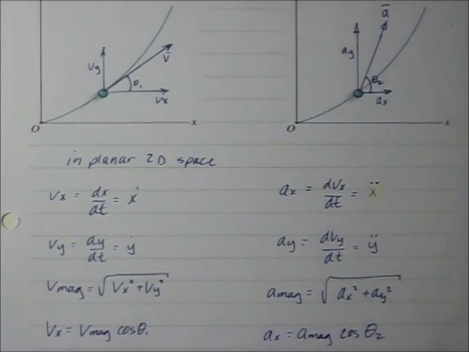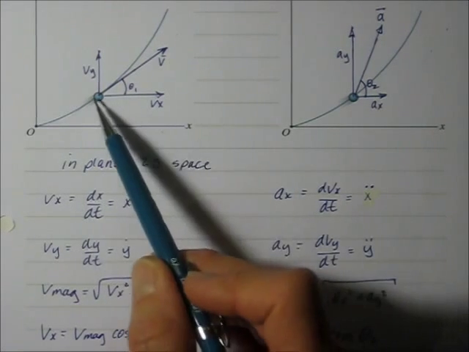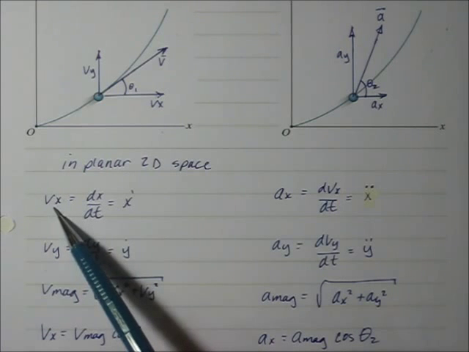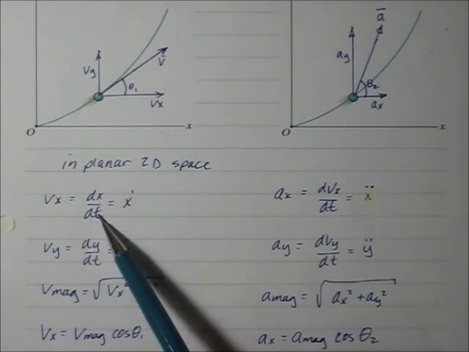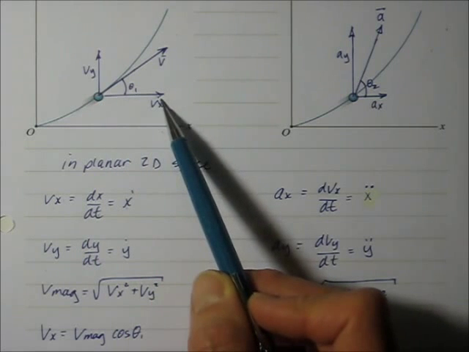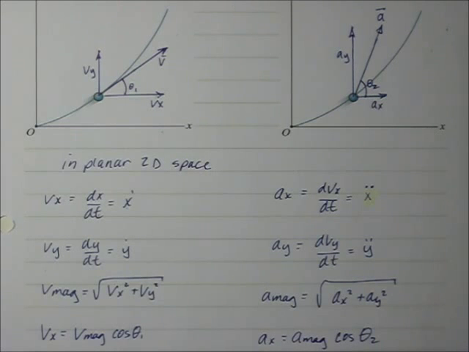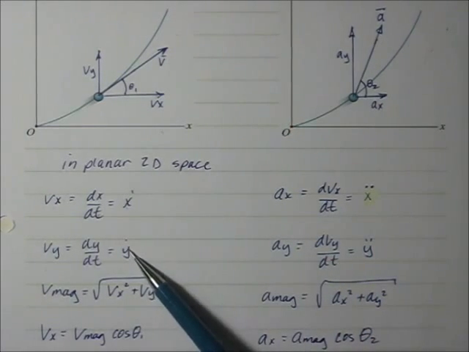So in planar 2D space, we recognize the velocity in the x direction is equal to the change in position in the x direction over time, or dx/dt, or x dot. In the y direction, we'll have dy/dt, or y dot.